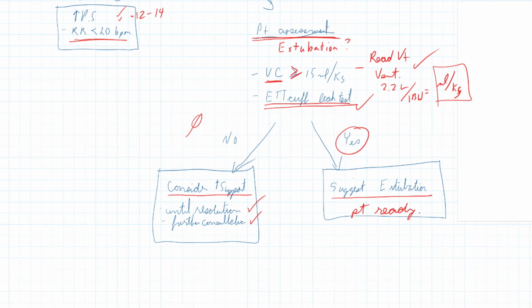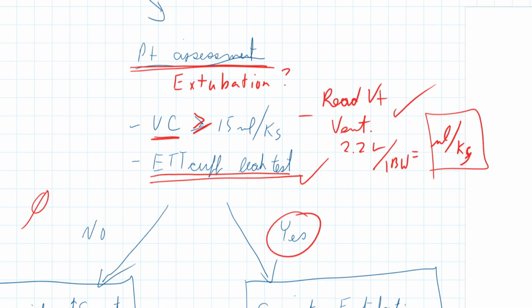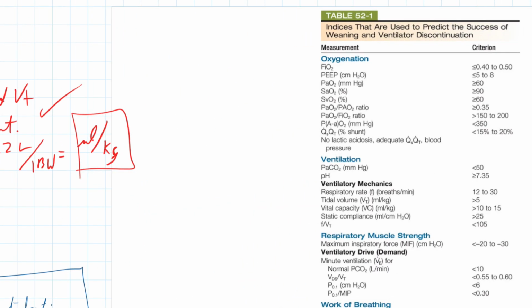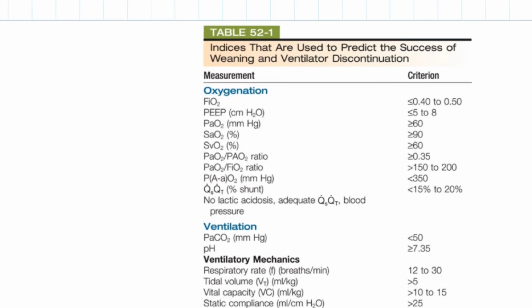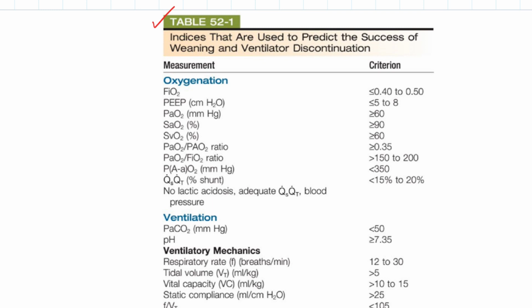So where do we get some of these numbers, like this vital capacity? I'm going to come back to our Egan's tables here, 15.2, where it shows us our basic settings to be potentially successful at extubating our patient. They should be on a low amount of oxygen and relatively low amounts of PEEP, and we should be able to maintain their SATs at around 90%.